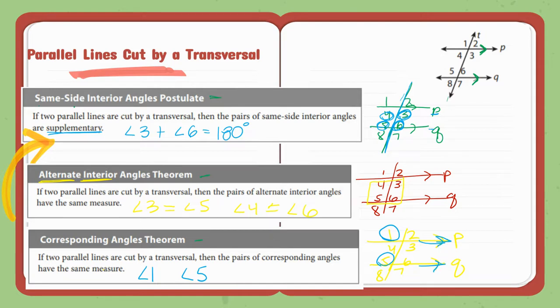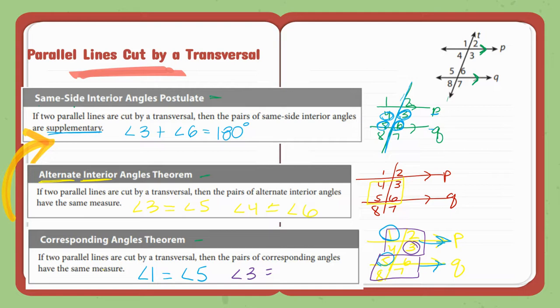Okay, so the theorem says that the corresponding angles are always equal. Let me pick another set here. So let's go ahead and let's look at 3. Angle 3 is in the bottom right-hand corner if I'm only looking at the angles formed with line P. So now when I compare that to line Q, for line Q, which one is in the bottom right-hand corner?